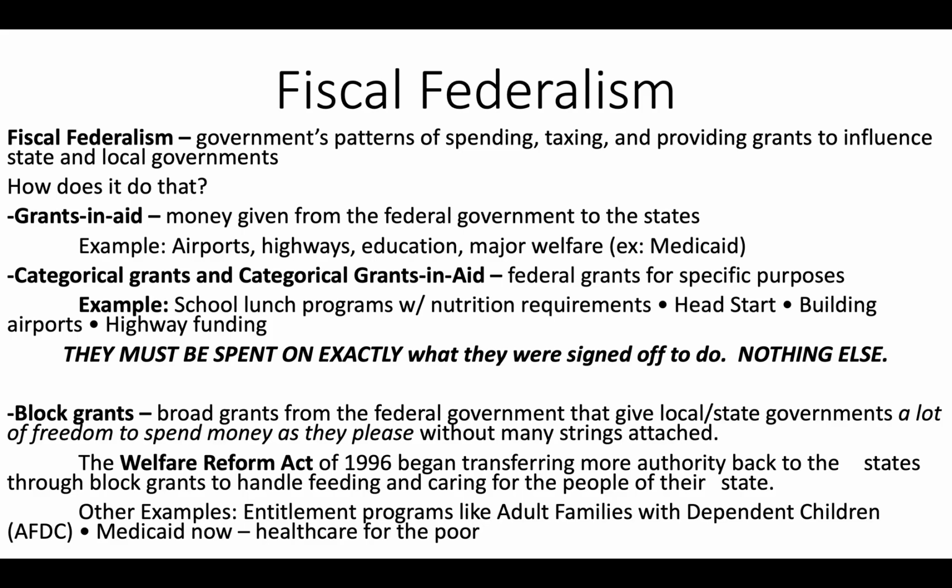In the 1990s, the federal government stopped doing entitlements and gave it to the states and gave them block grants to fund it. So in the 1990s, the federal government, who used to run all the entitlements, gave it to the states, and the states are now running these programs.